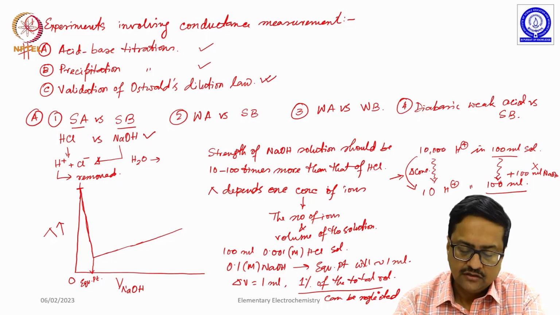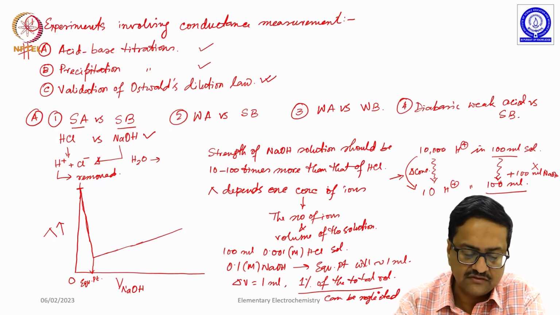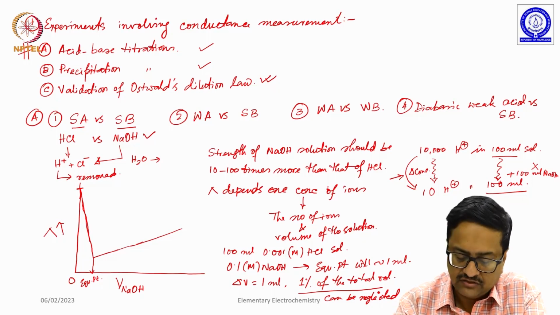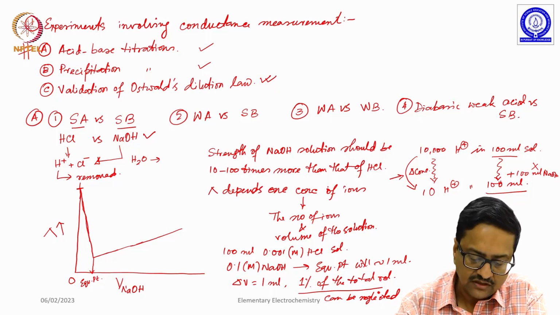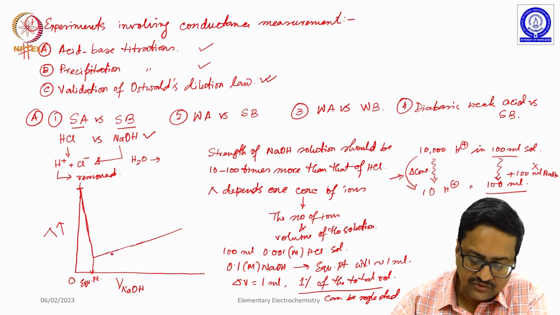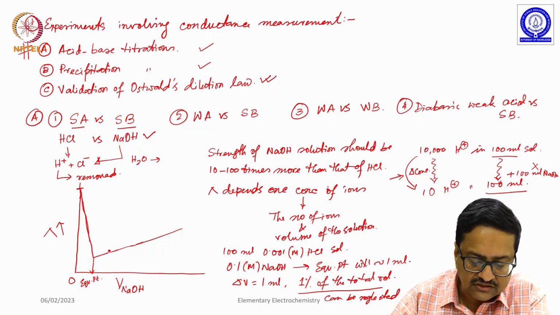Right? So one has to keep this in mind and use a very strong solution of a titrant so that your end point is measured accurately. And as I have shown it up to this for your understanding, but one should do the experiment only up to about this point.